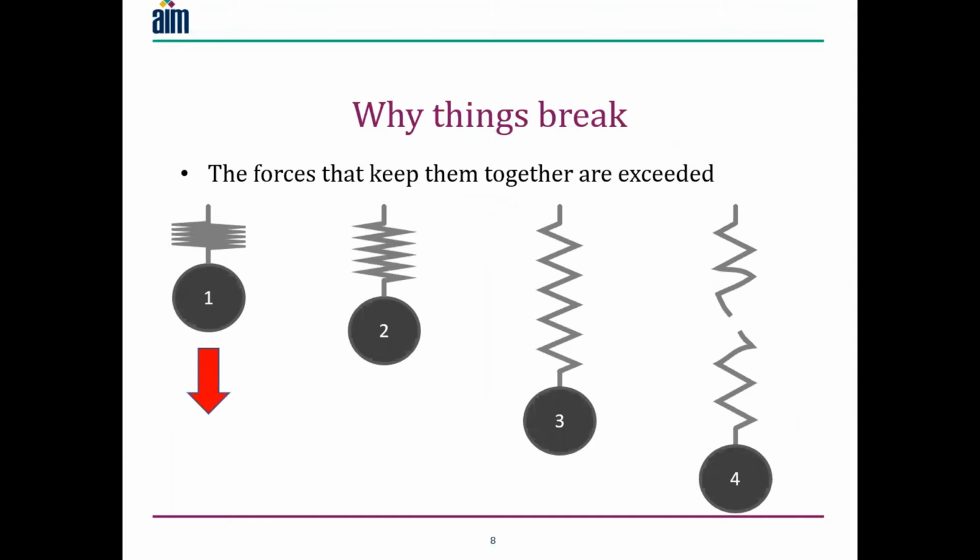Once again, we just want to think about the damage part of that and why things break. The reason things break is that the forces that keep them together are exceeded, and we typically get damage on the molecular level. Those ionic or covalent bonds of your plastic or metal shear and shatter, and the spring simply doesn't function as a spring anymore.